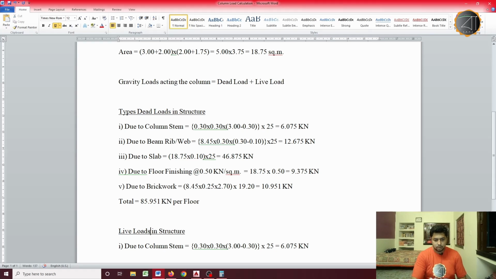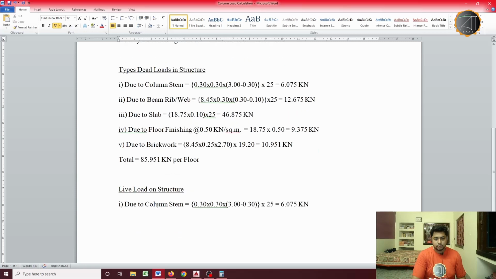Live load on structure. So, at the rate of, we have already told that I am taking an interior column considering it a residential building, and the portion of the influence area which we are considering is for the say room portion. So, it will be having a load of 2 kilonewton per square meter.